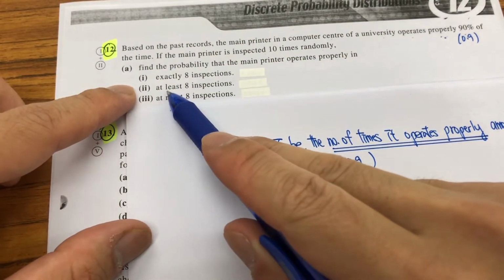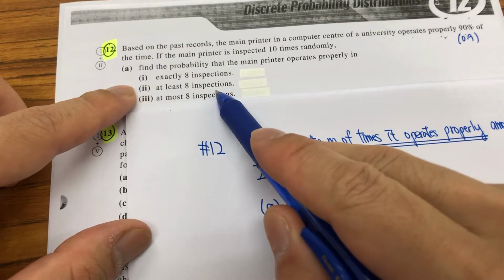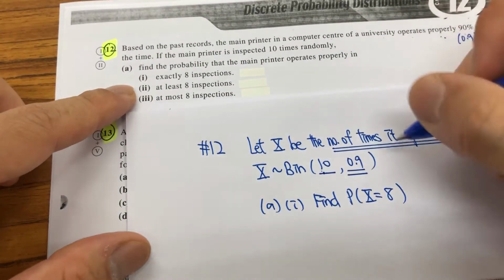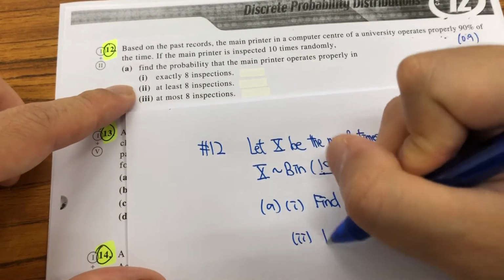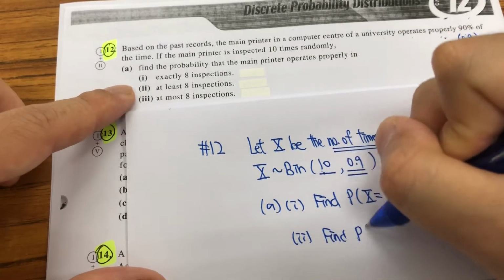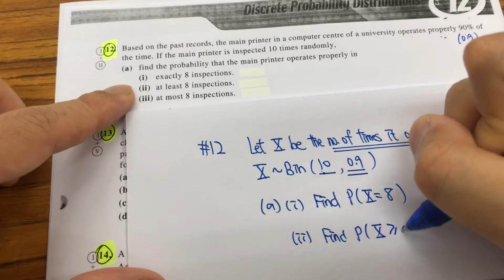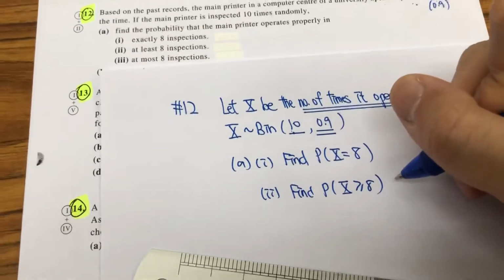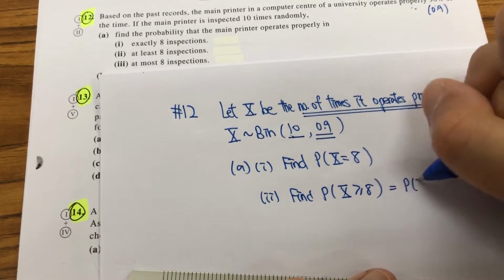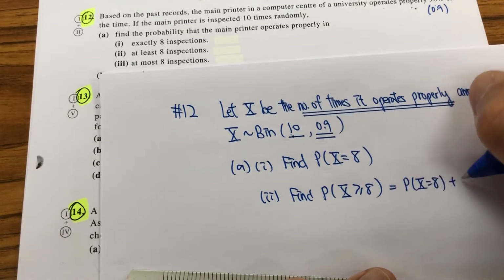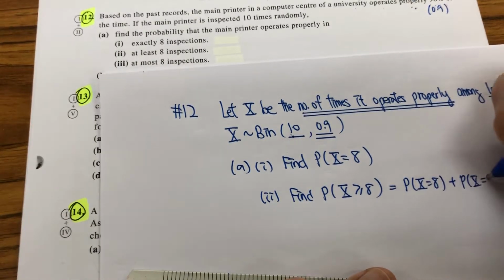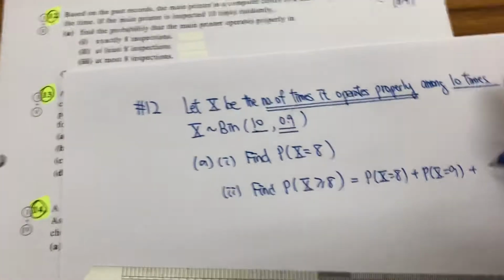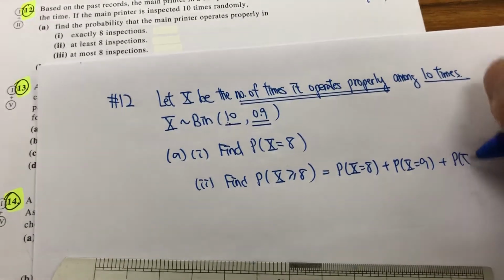And then part 2, at least 8 inspections operate properly. At least 8 means more than or equal to 8. So you have to find not only x equal to 8, but also x equal to 9 and x equal to 10.